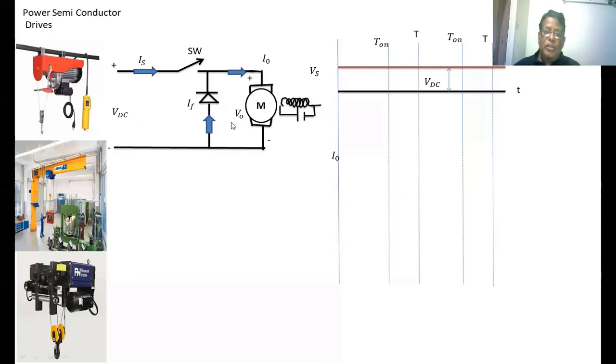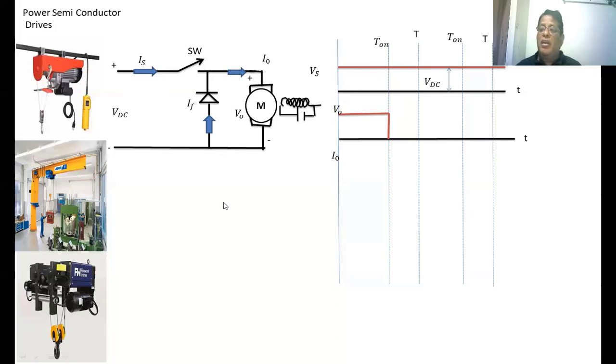When the switch is on, the load voltage is equal to the supply voltage. Now we are going to draw the output voltage. In this interval, the switch is on. Once the switch is on, the output voltage is equal to the VDC. When the switch is off, there is already some amount of energy stored in the armature of the DC motor, which will circulate the current through the freewheeling diode in this manner.